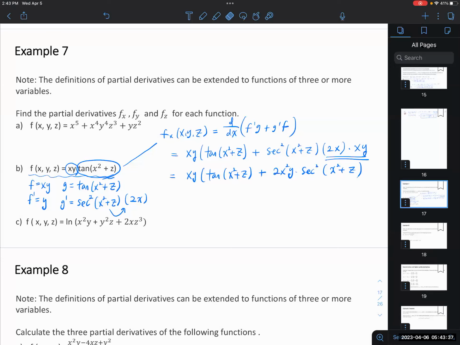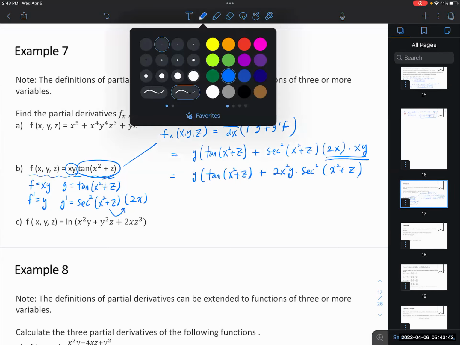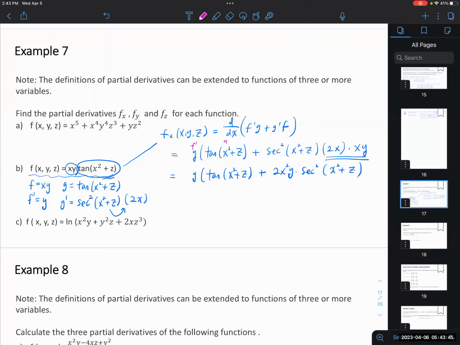My bad. f prime was y. Did you see that? So there should be no x there. f prime, so one more time. This is f prime g. These are g prime f. My bad. So that's a better answer. Here we have a y, only y. Thank you. All right, are you guys okay with that? So that's for f with respect to the x variable.